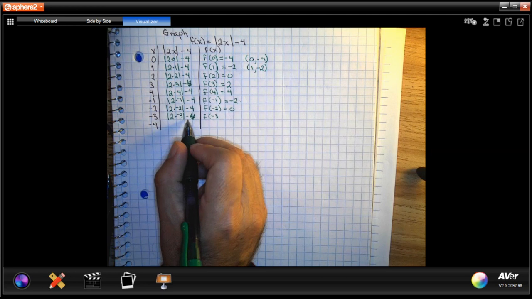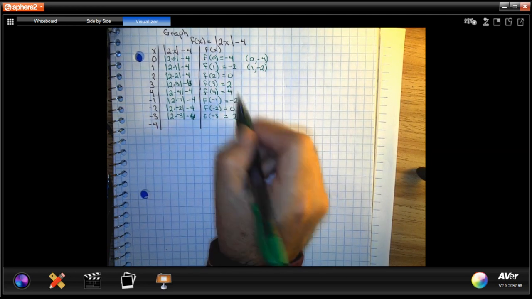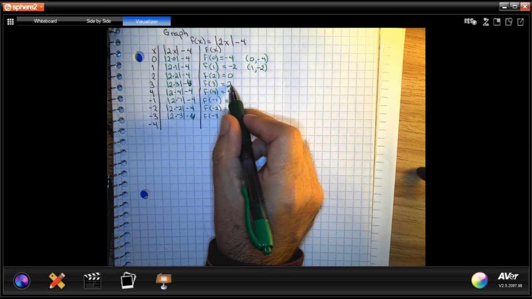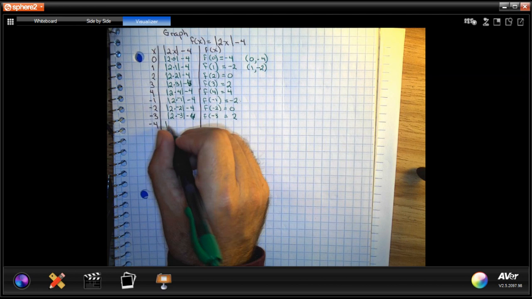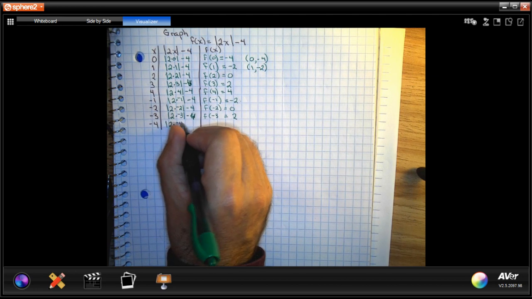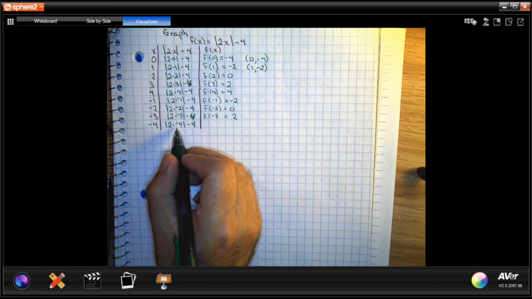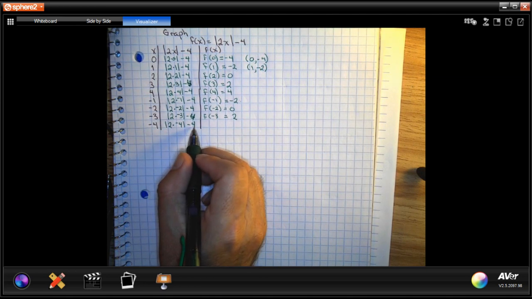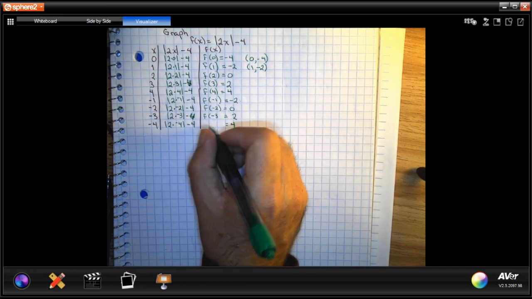And 6 minus 4 is 2. Two times negative 4 is negative 8. The absolute value of negative 8 is positive 8. And 8 minus 4 is 4.